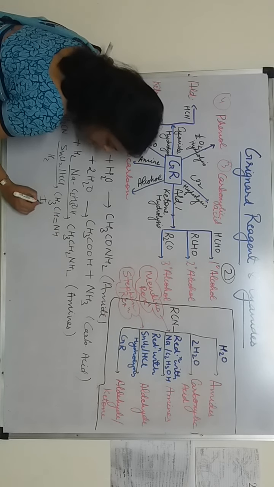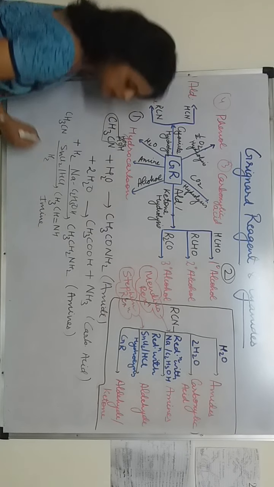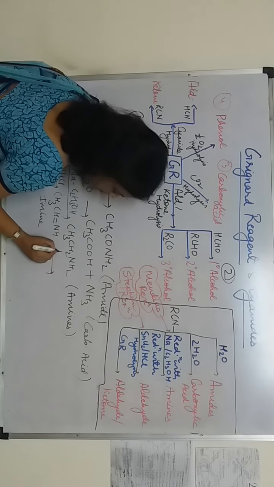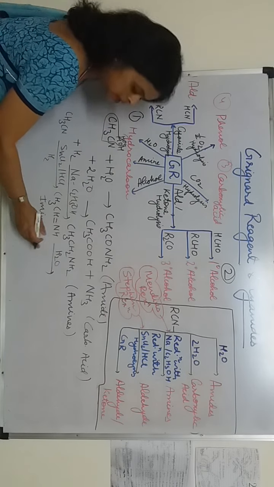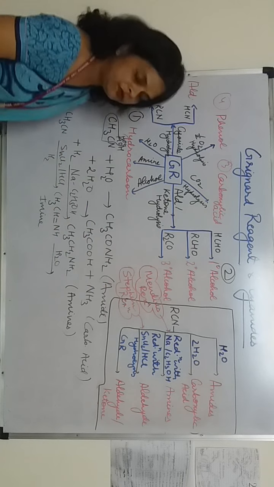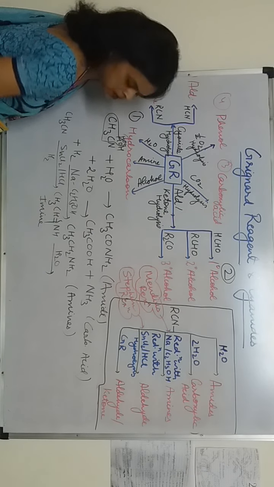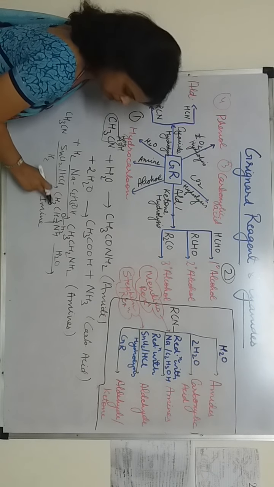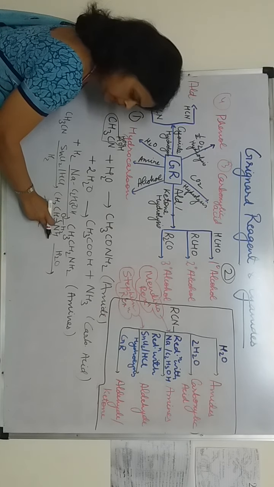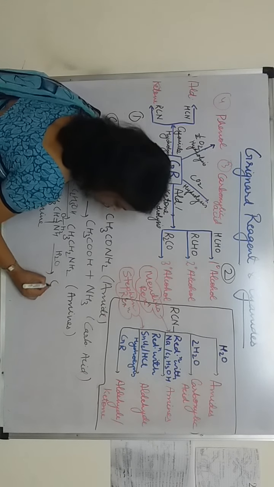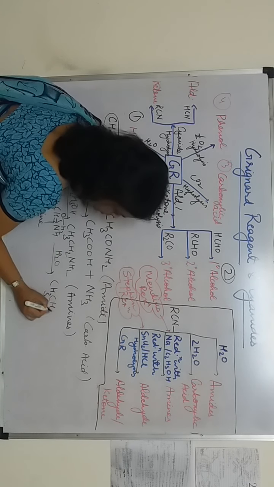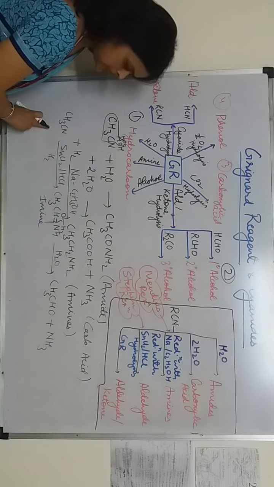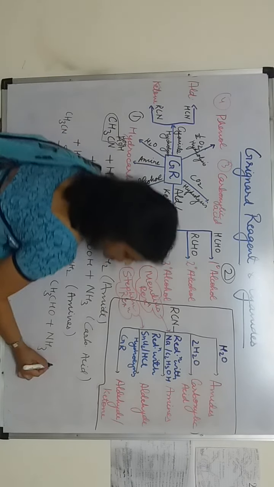This is called an imine. Now this imine on hydrolysis forms the aldehyde. See over here, this bond breaks, OH2, so CH3CHO and here NH2, so we will get CH3CHO plus NH3. So here this cyanide is converted into aldehyde.